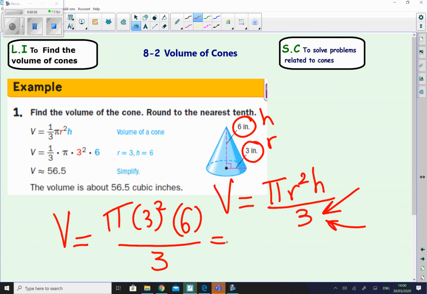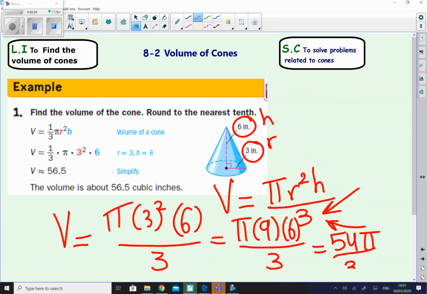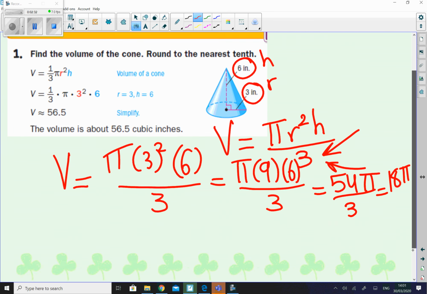So it's going to be pi times 9 times 6, and then divide by 3. Sorry, 9 times 6 is going to be 54. You write 54 pi and then divide by 3. It's going to be 18 pi. And I need you to find it in terms of pi.